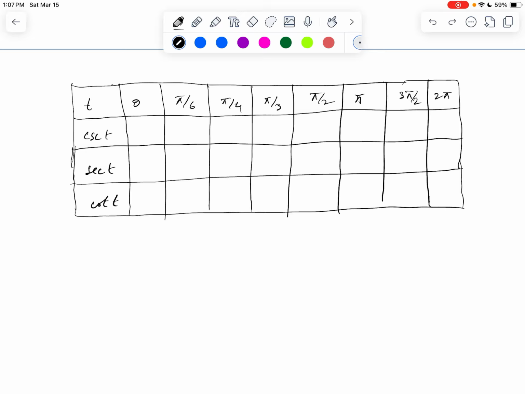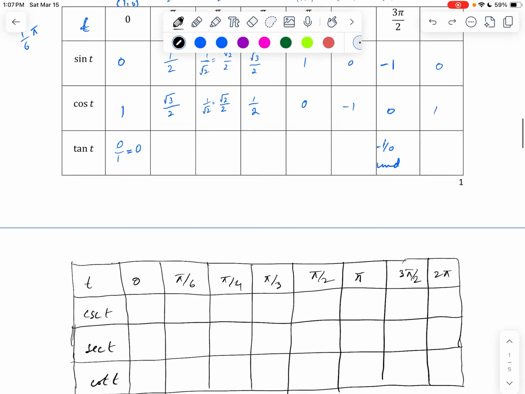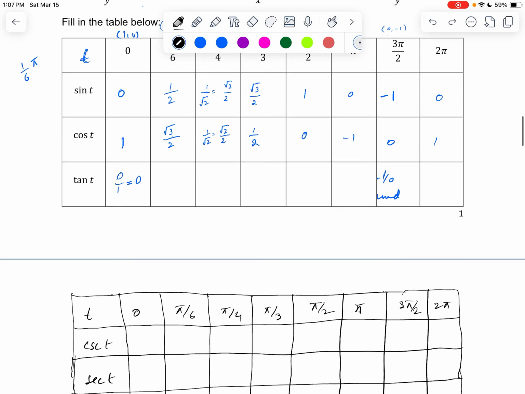So first let us see whatever is left in this table. So I see the tangent I didn't fill, and I just wanted to do it in front of you, because remember tangent of t was defined to be y over x.